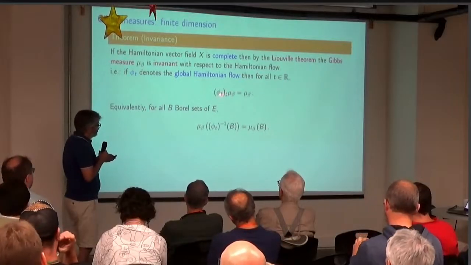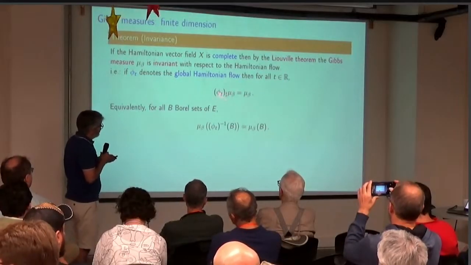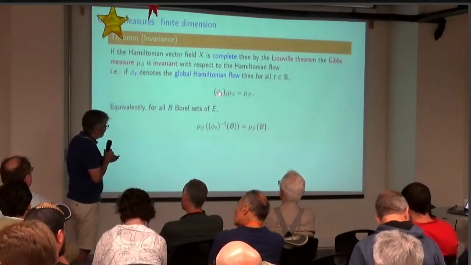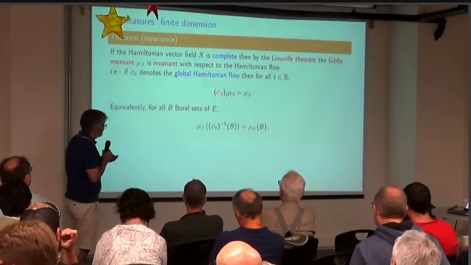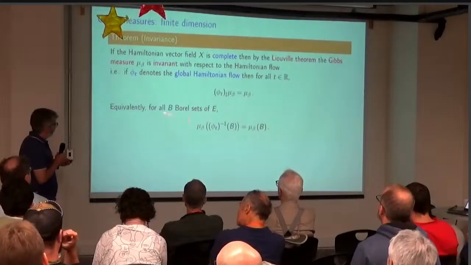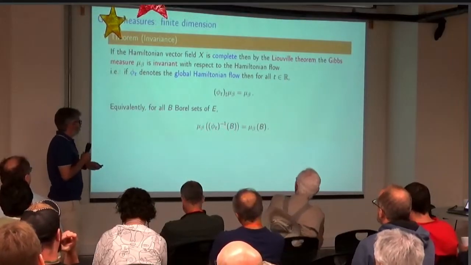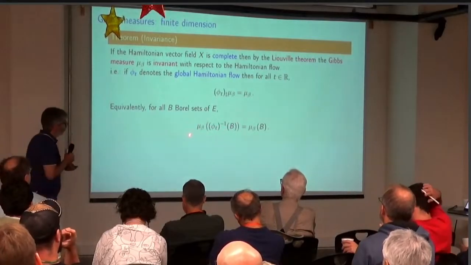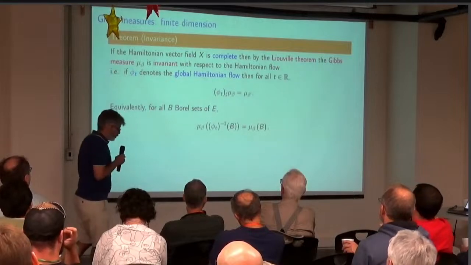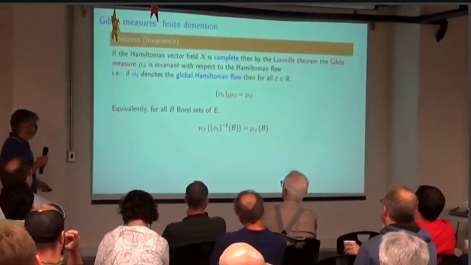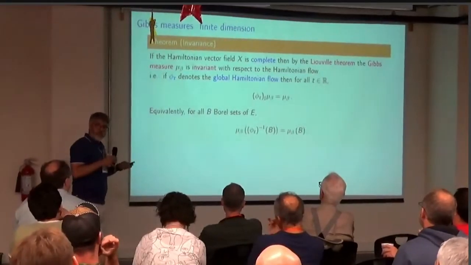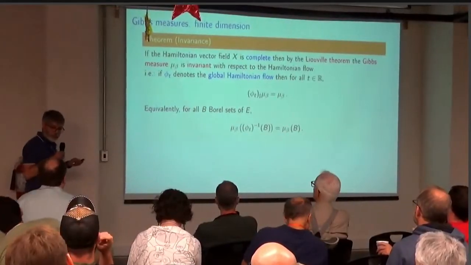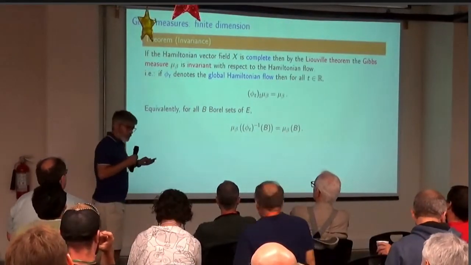This is the image measure, or the push-forward measure, of mu beta, the Gibbs measure, through the flow of the Hamiltonian system. More precisely, if you take any Borel set, you take the inverse image of this Borel set, and its measure with respect to mu beta is the same. So that means any Gibbs measure, whenever we are able to define it, is invariant by the flow.